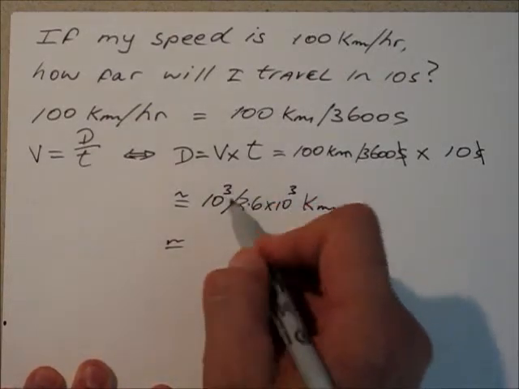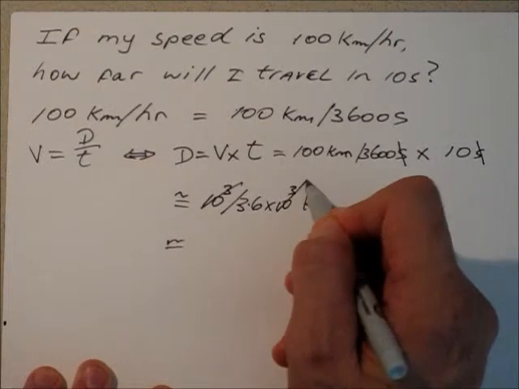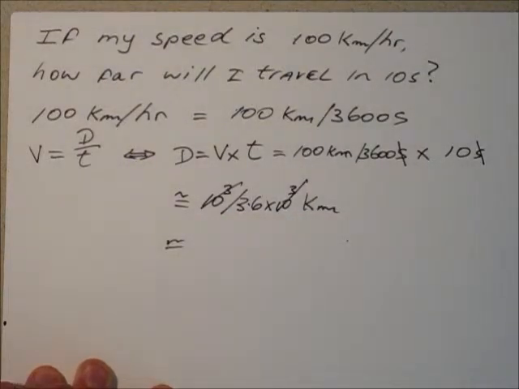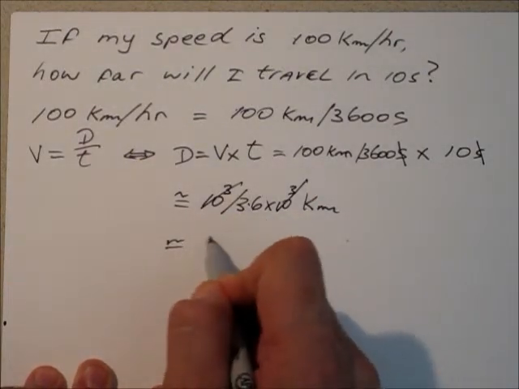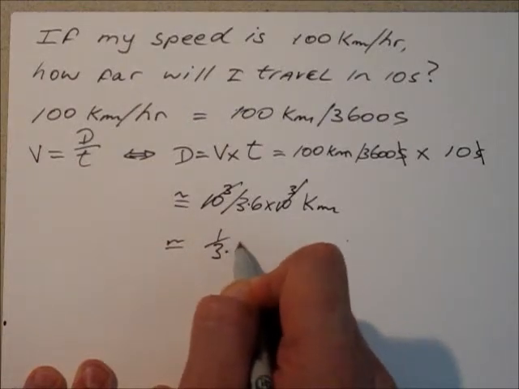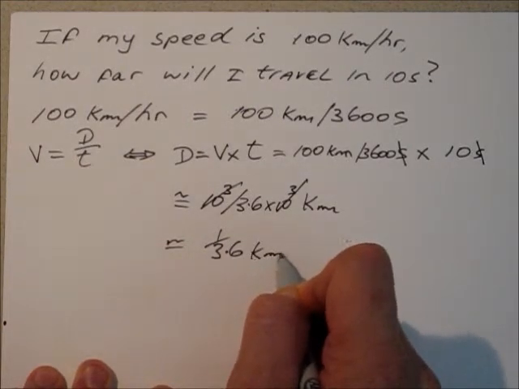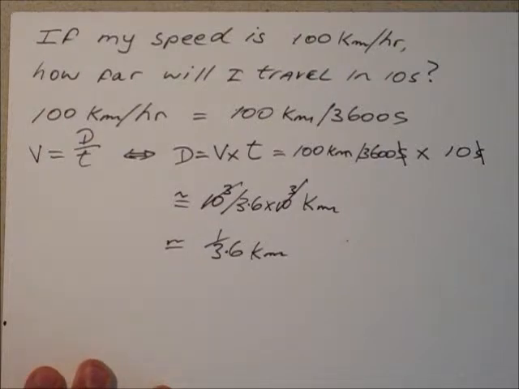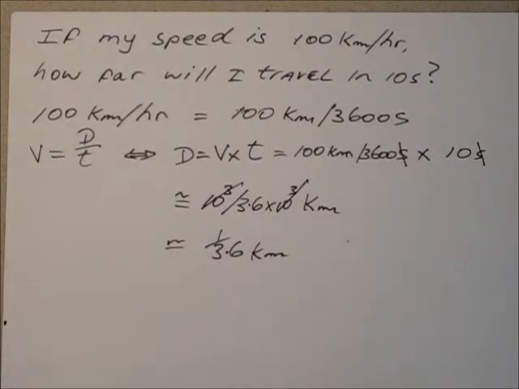So what's this come out to be? Well, 10 to the 3 divided by 10 to the 3 is obviously 1. They cancel each other out, and you're left with 1 over 3.6 kilometers as your answer. And of course you can plug that into a calculator and write it out to some number of decimal places.